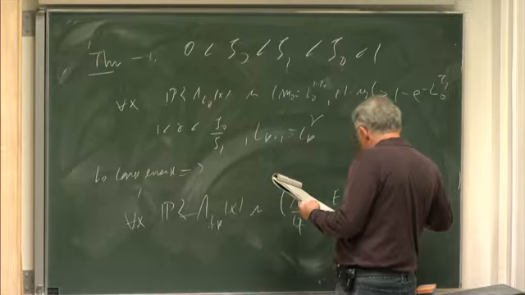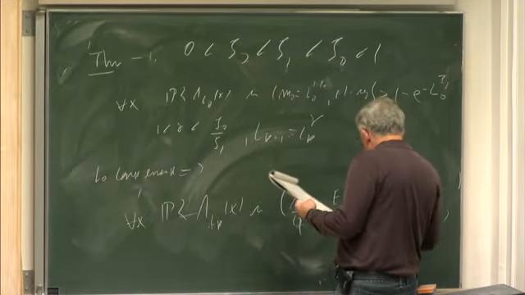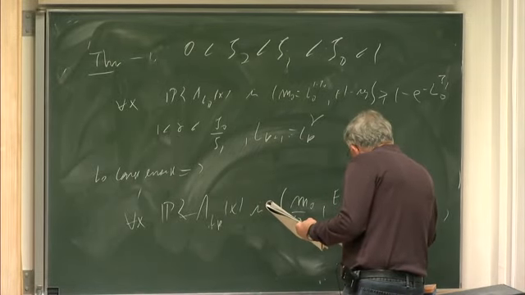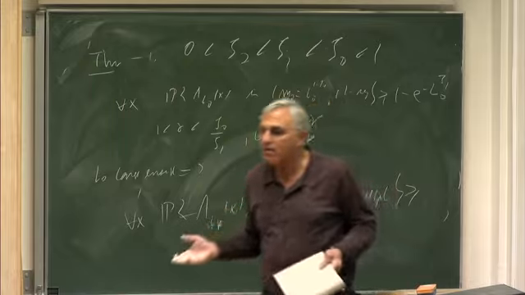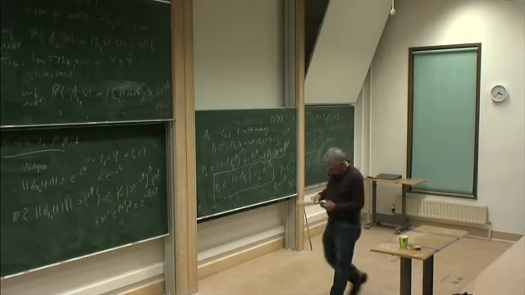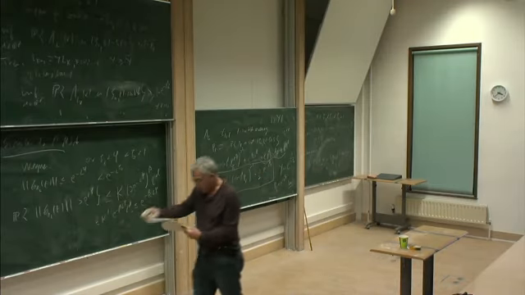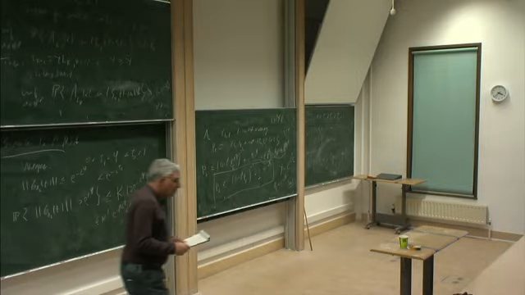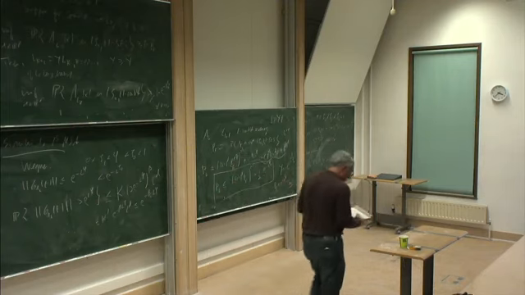E regular is bigger than 1 minus, but here I put a zeta 2. I lose a little bit, but I can do it for all of them. The deterministic part is always the same.